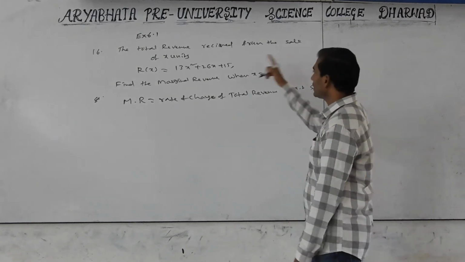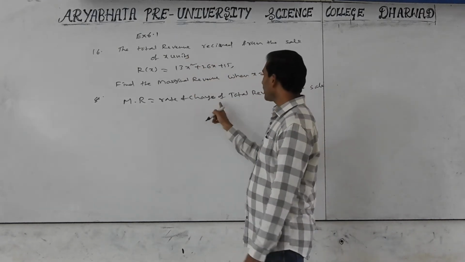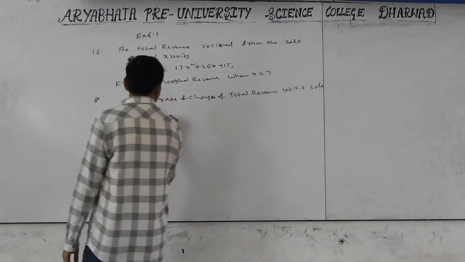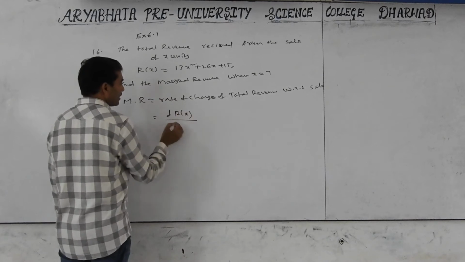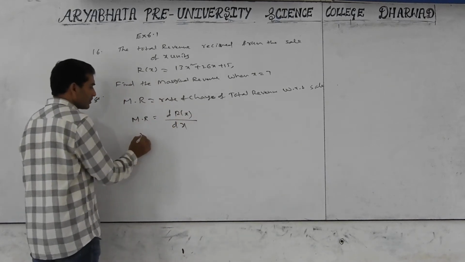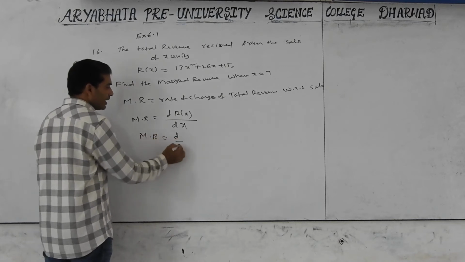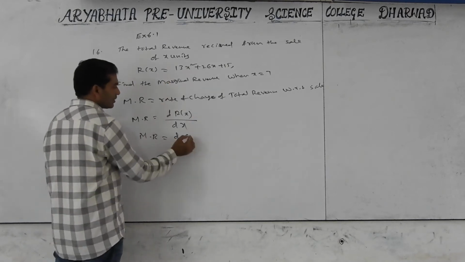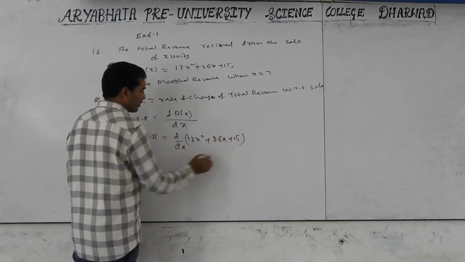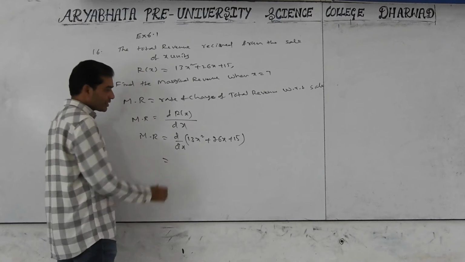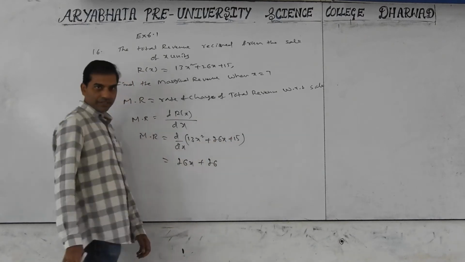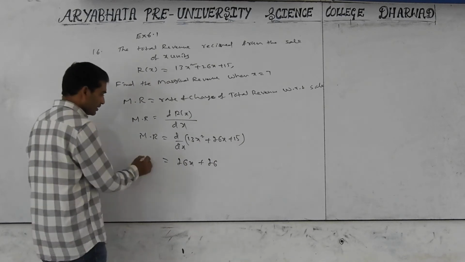Here sale represents x units and total revenue is R of x. So dR of x by dx is the marginal revenue. The marginal revenue equals d by dx of 13x square plus 26x plus 50. The differentiation of 13x square is 26x, plus 26. The differentiation of 50 is 0. This is the marginal revenue.